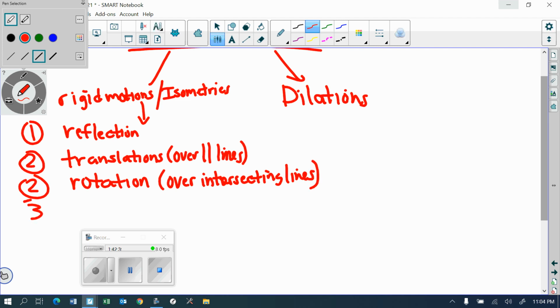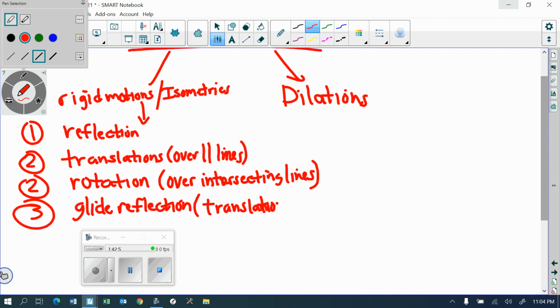And lastly, I have 3 reflections, which is called a glide reflection. And that is a translation, then single reflection.